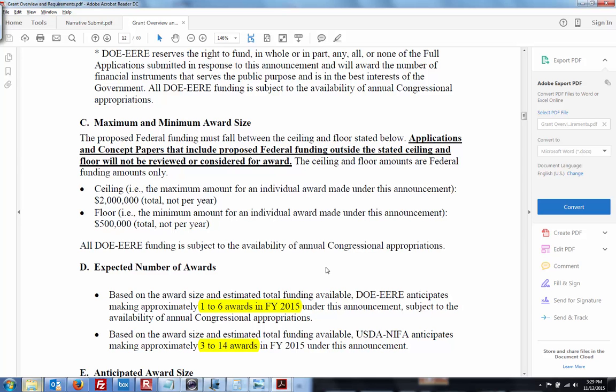If you look at that across the United States, if you add these two up, 4 to 20 awards across the whole country. So it's me fighting with a few hundred other me's across the country for this pretty limited pot of money that, as it turns out, wasn't even available.